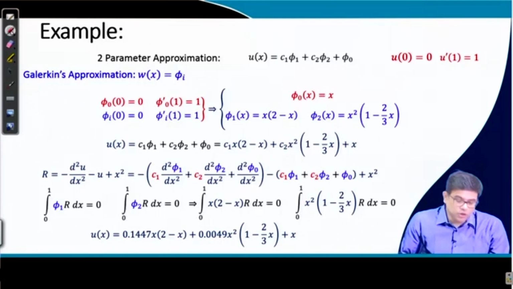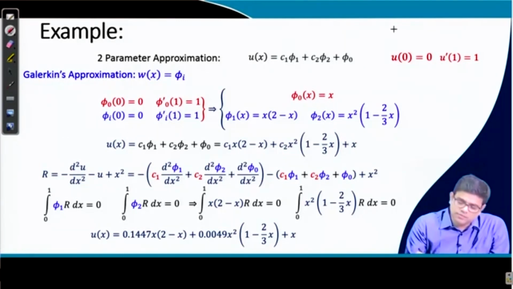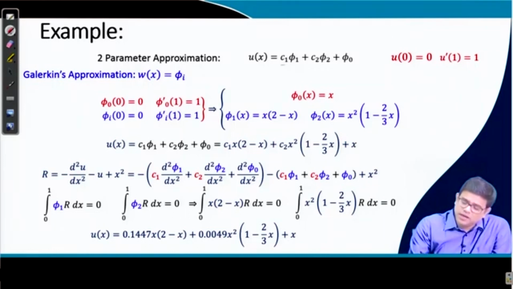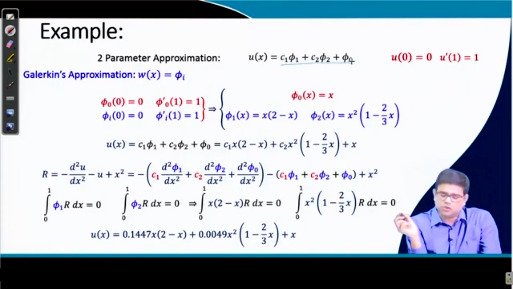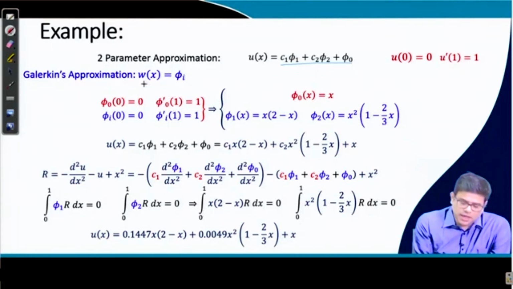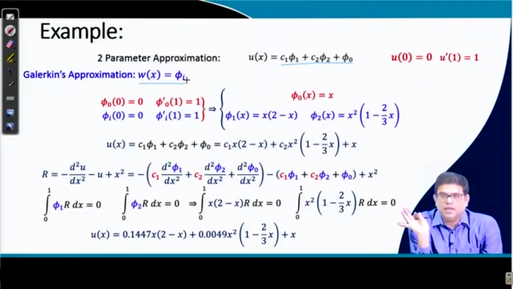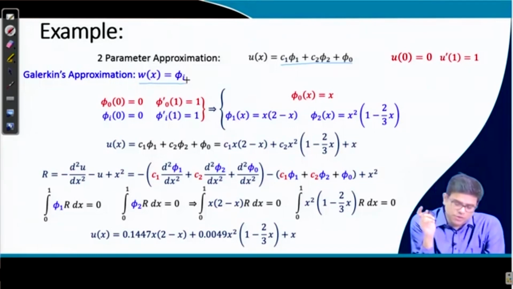In the Galerkin approximation, we are restricting ourselves to these two. So this approximation is a two-term approximation, and obviously for the Galerkin approximation, the weight function is W of x, and I will choose the phi i. So that's my Galerkin approximation.